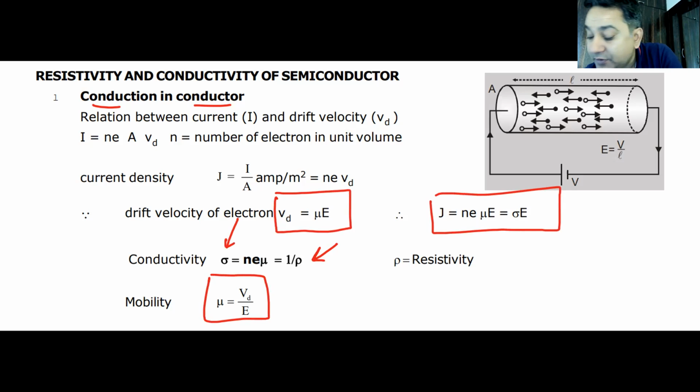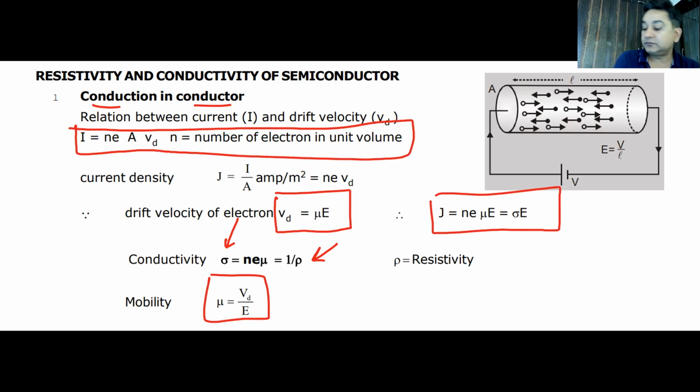You have to remember all these formulae. Do we remember these formulae? Yes or no? Bacha, do we remember these formulae? Yes, sir. Please note them down once again, sir. Formula for current, NAeVd, formula for current density I by A, formula for drift velocity, formula for mobility, formula for J is equal to sigma E, which is your Ohm's law. Please note them down once again so that you can keep them together.